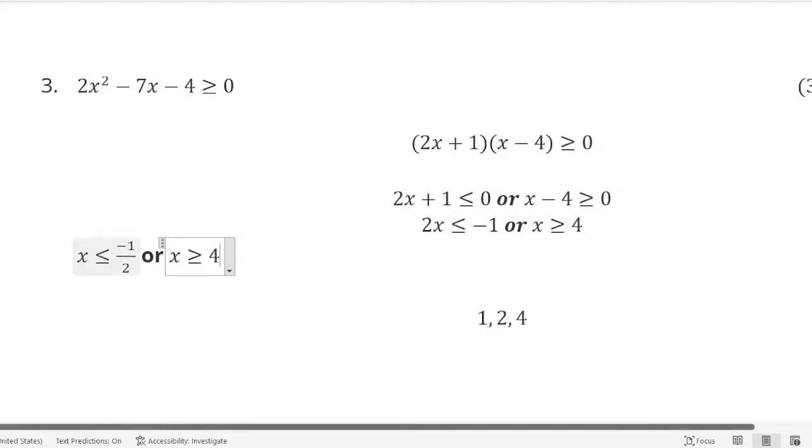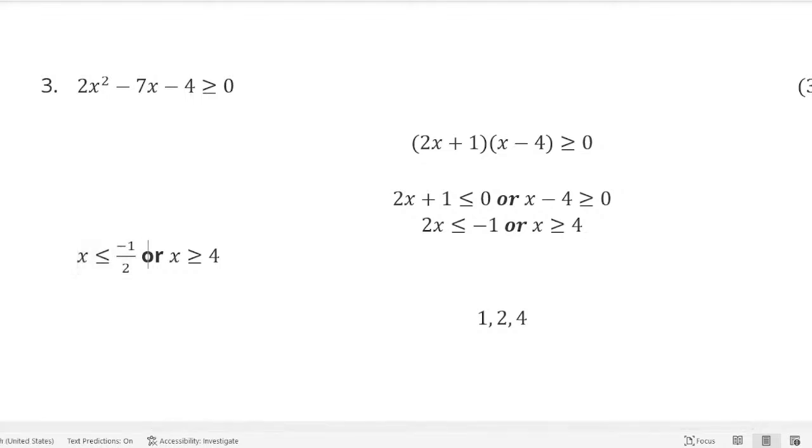So we have these two possible values. x is less than or is equals to -1/2, or x is greater than or is equals to +4.